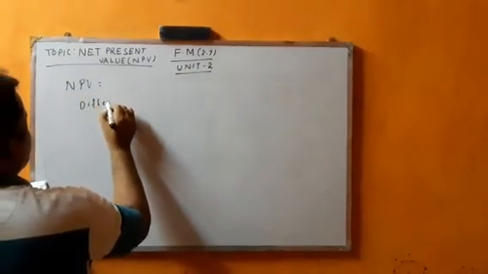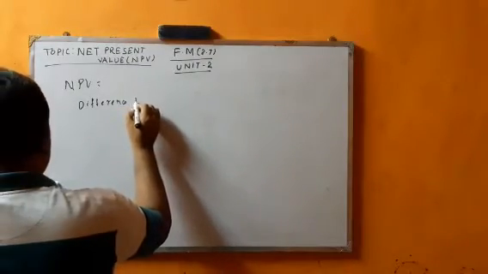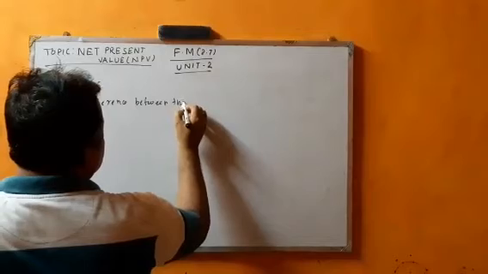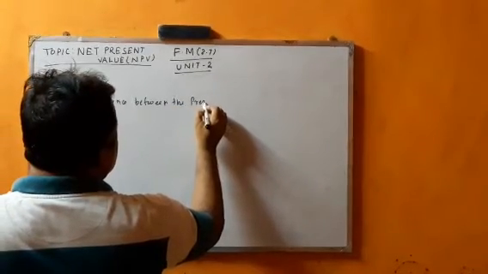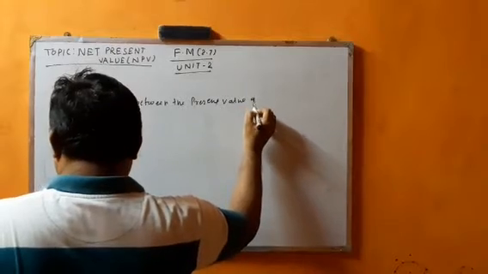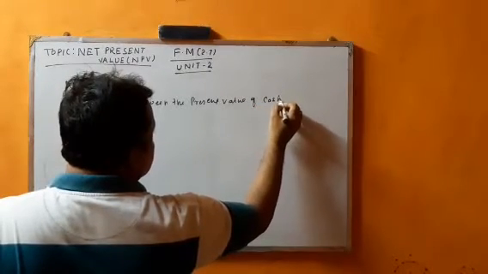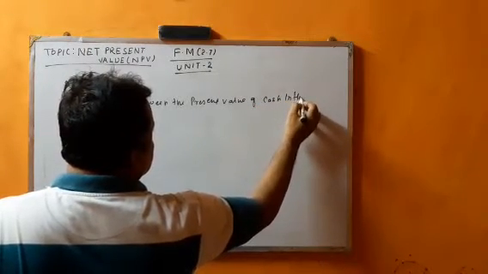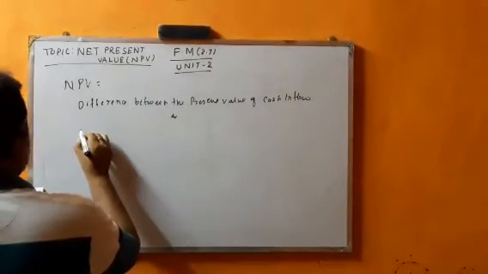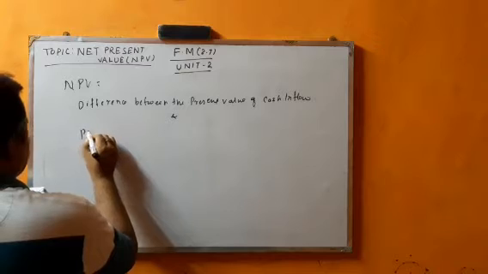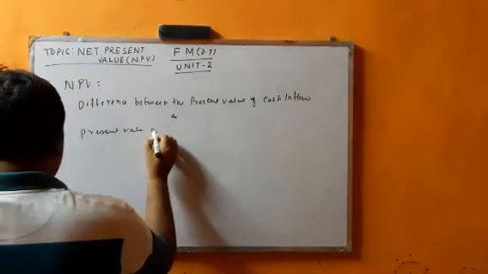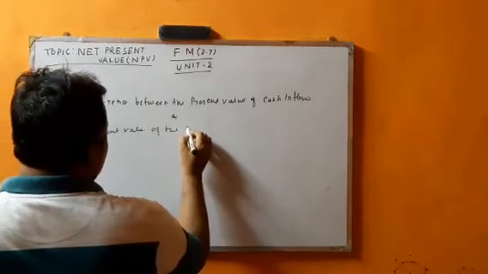NPV is equal to the difference between the present value of cash inflow and the present value of the initial outlay.